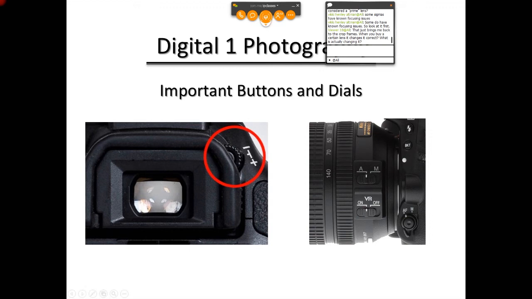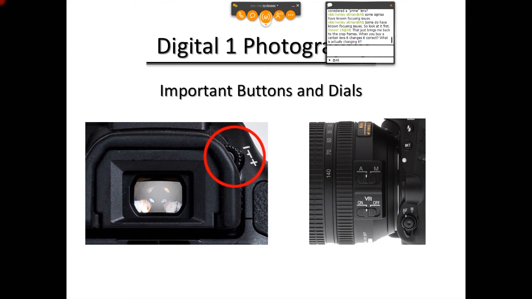So it allows me to use an older lens that doesn't have autofocus built into the lens itself. So if I switch that over to auto, which I keep on auto on my body all the time, I can switch out lenses and not have to worry about it if I'm using an older lens versus a newer lens.